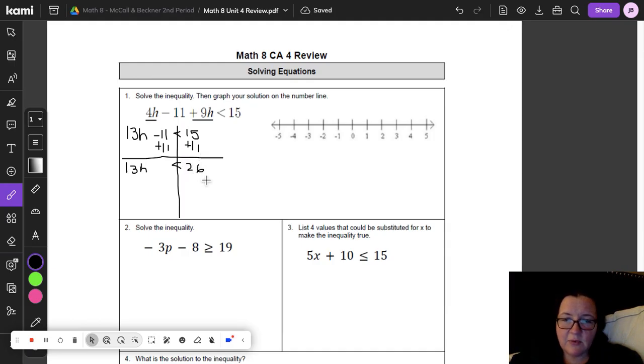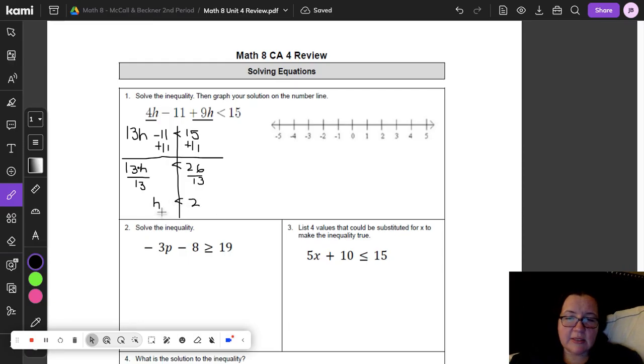All right, next step would be to get rid of that 13. Right now we are multiplying, right? There's a little invisible multiplication symbol there. So we're going to use the inverse, which means we're going to divide both sides by 13. 26 divided by 13 equals 2.